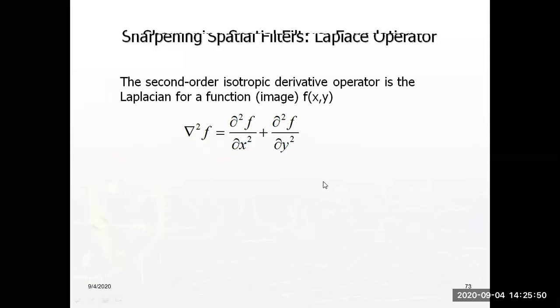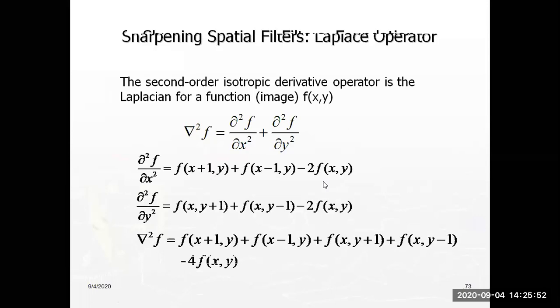And the second order isotropic derivative operator: instead of a signal, here I am taking an image, f(x,y). In that case it is modified to del squared f.